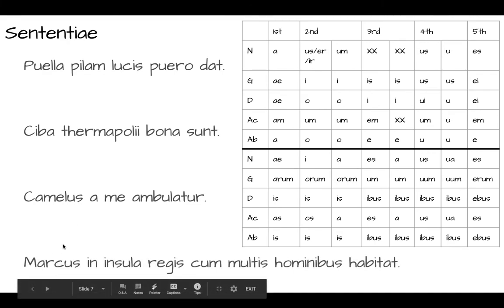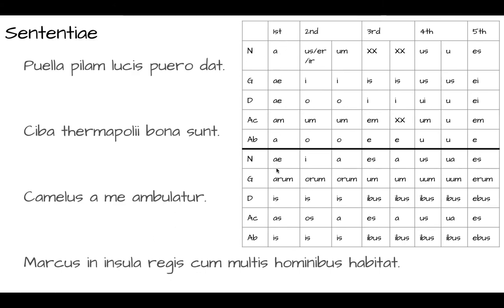Last sentence. Marcus in insula regis cum multis hominibus habitat. So, Marcus is my subject. He habitat, dwells. In takes the ablative to mean in or on. So, insula, from insula, insulae.